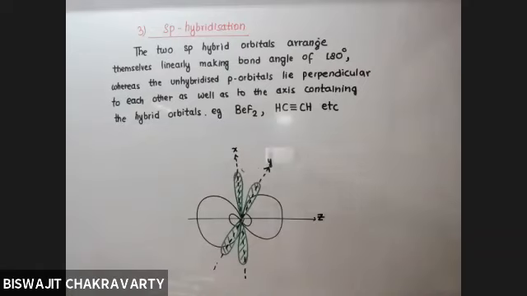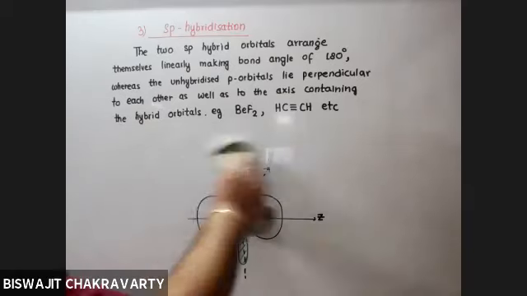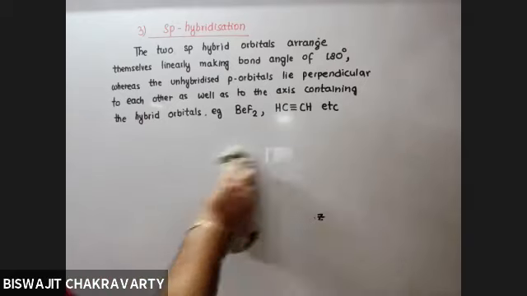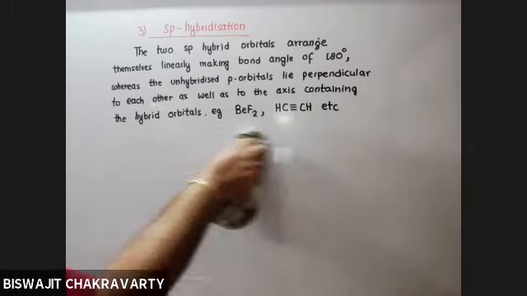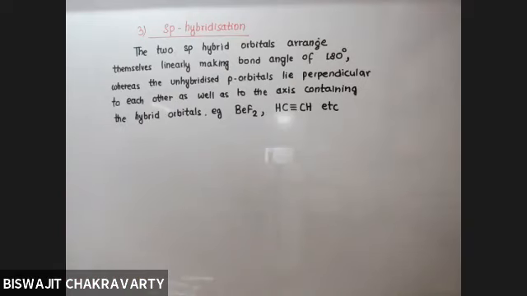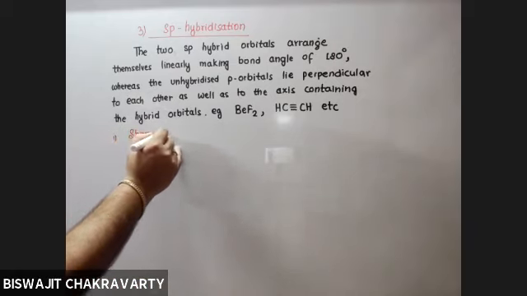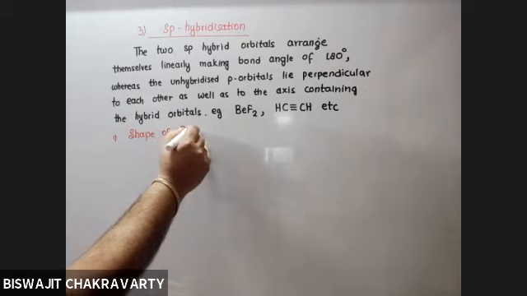Yes, sir. Okay. So at first we are going to discuss beryllium fluoride. So who is the central atom of beryllium fluoride who is undergoing sp hybridization? Beryllium. Shape of BeF2.